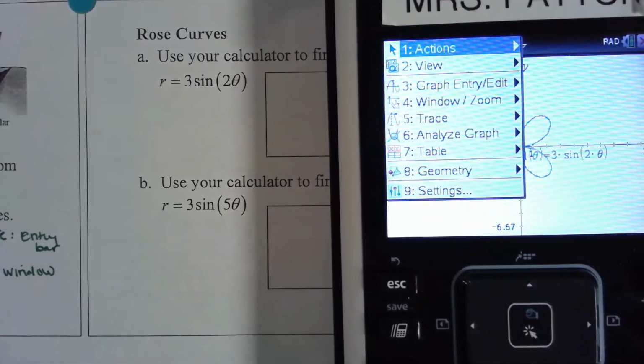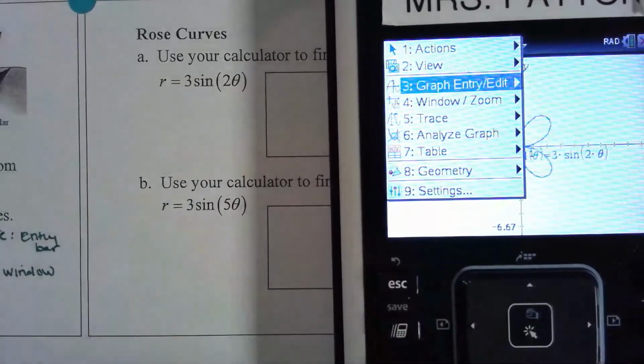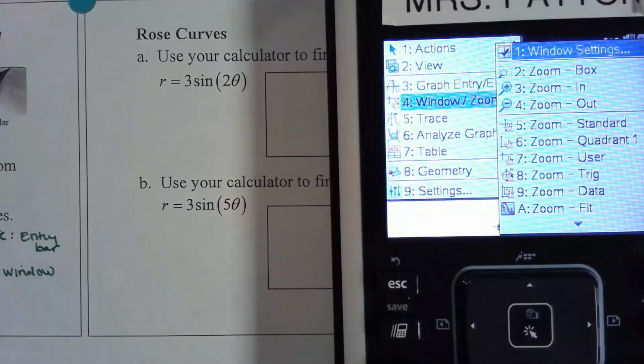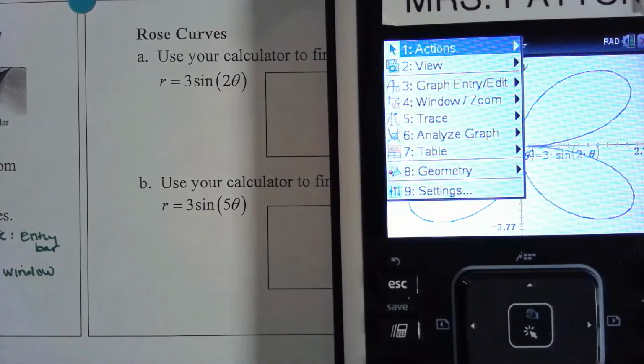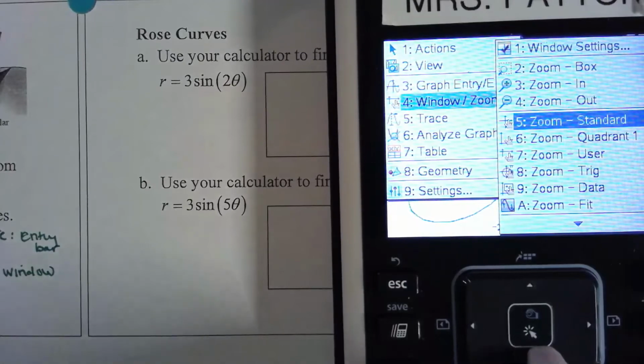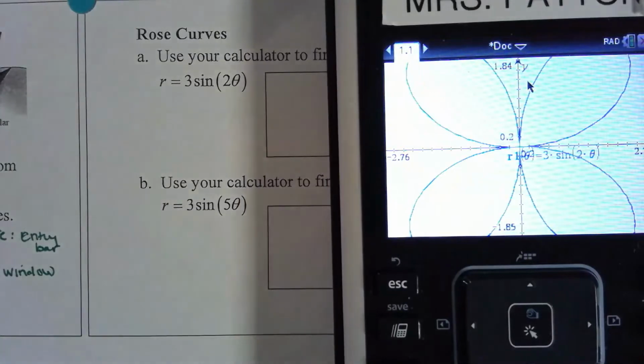My fault. So again, we don't have to do any of this. I'm just trying to show you what we can do to make it look a little bit better. So maybe I go zoom fit first, but then I go to letter B, which I could just type in, and then if I go to square, it will square that up. Basically, make sure it's not skewed.